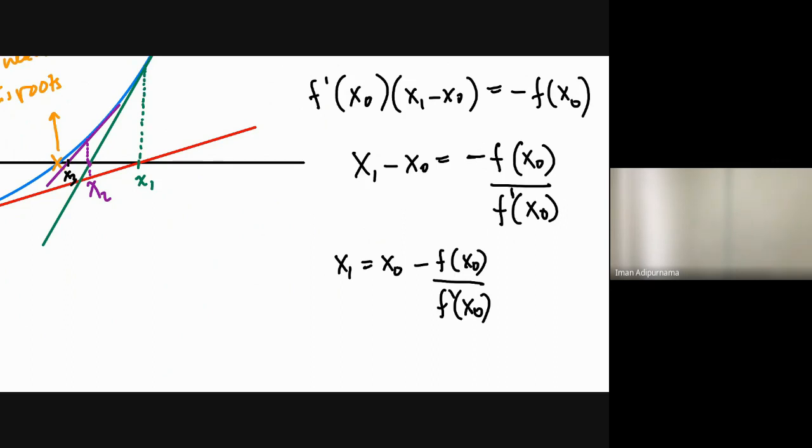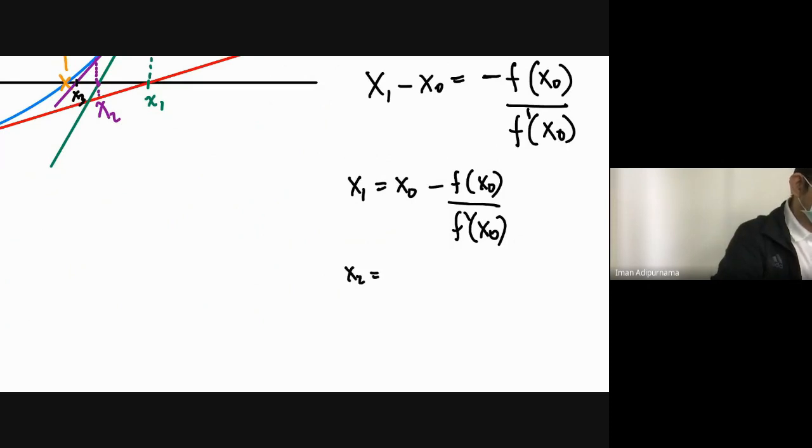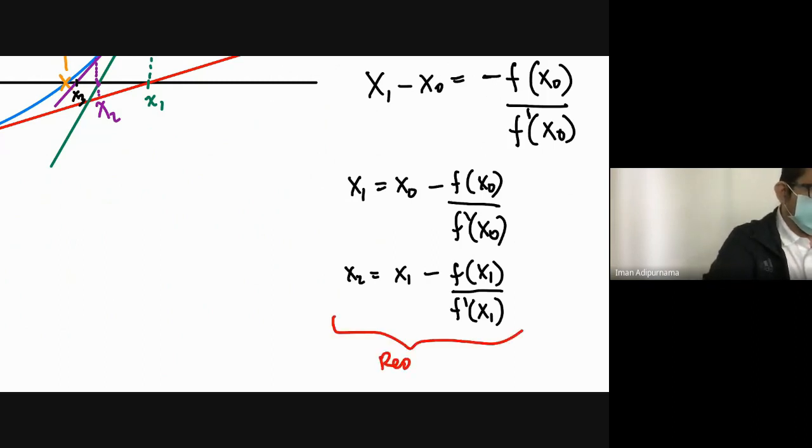If it is still too far from zero, then try another one, x2, and this becomes x1. So you have repetitions, or some iterations.